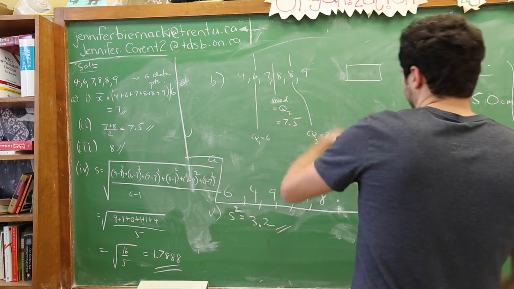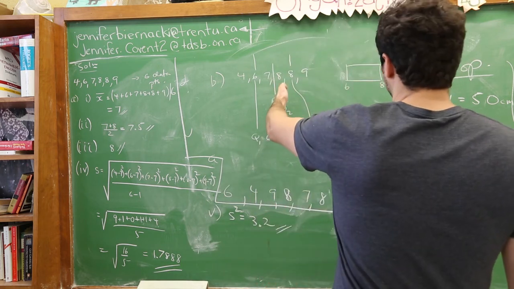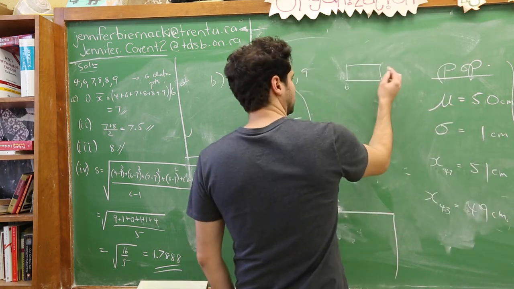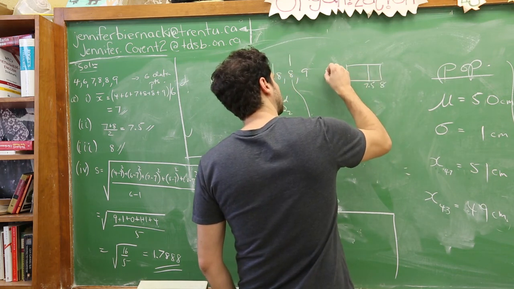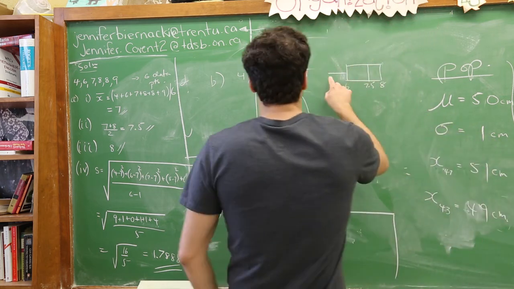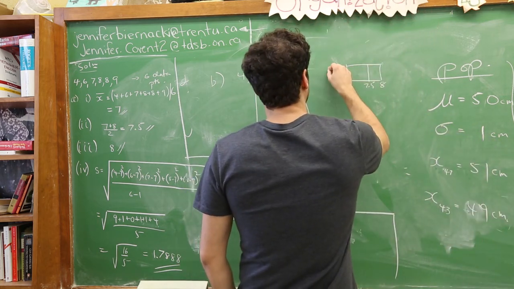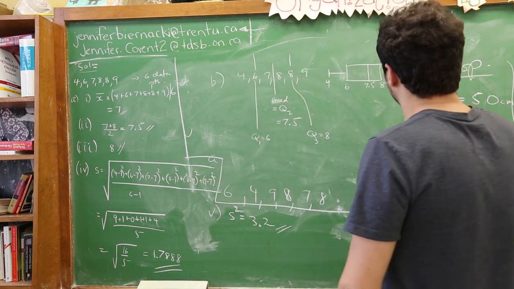So we go from 6 to 8. The middle is 7.5. Then 7.5 to 9.